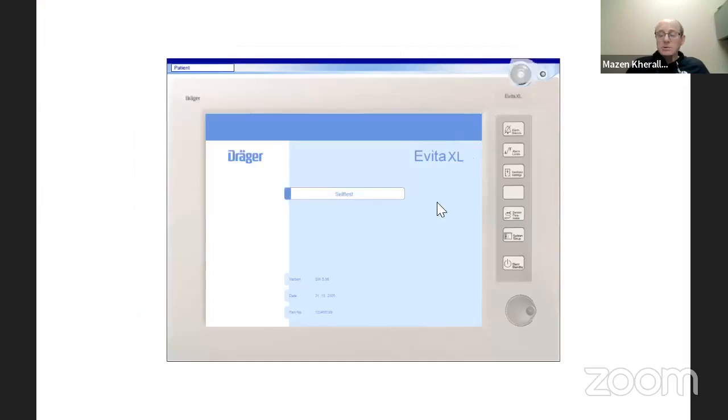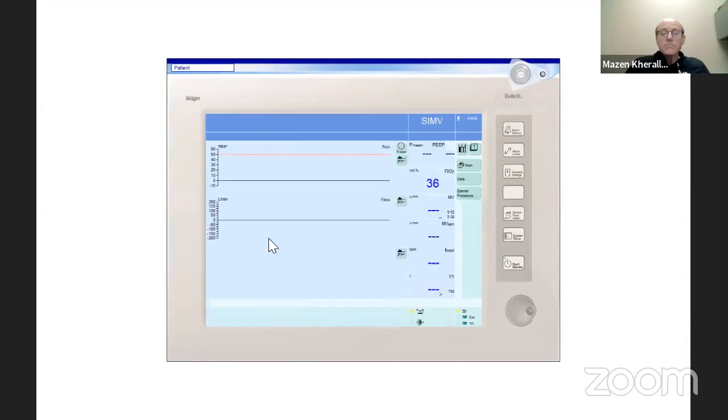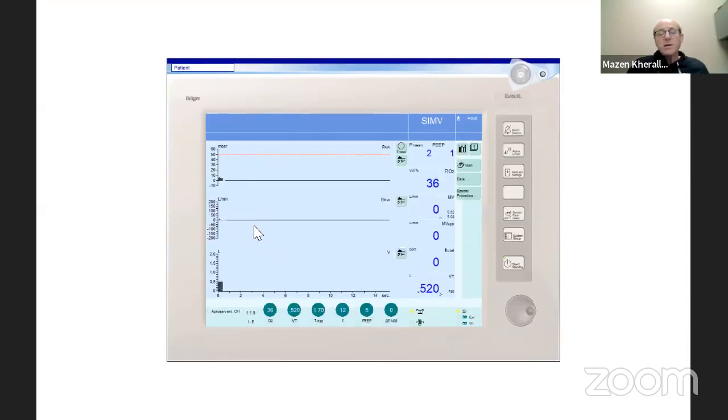So what you need to do is always observe the flow over time. So you put the patient on the ventilator and you take a look. You need to make sure, okay, here's inspiration and this is expiration. Excellent. Goes back to 0.